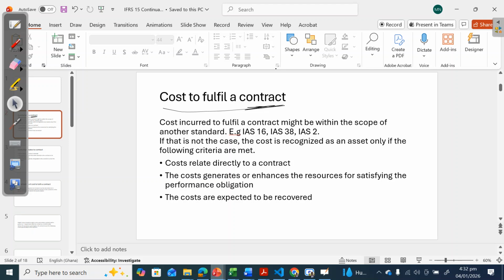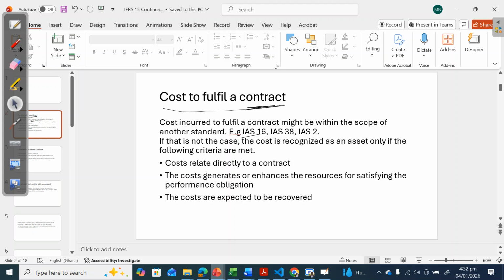Okay, so cost incurred to fulfill a contract might be within the scope of another standard. So IFRS 15 says that some of the costs may be dealt with by another standard, maybe by IAS 16 PPE.